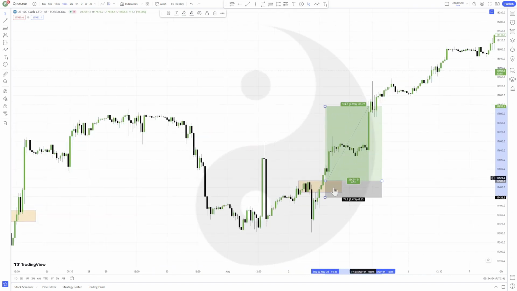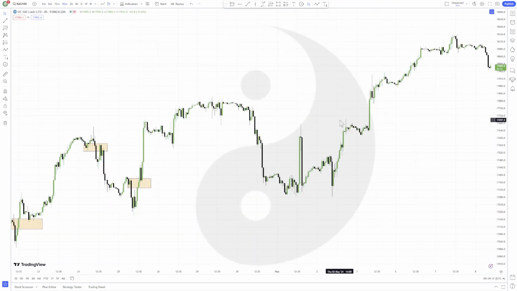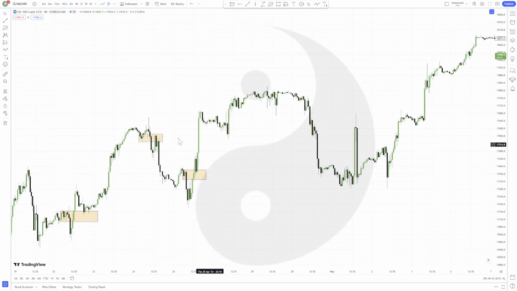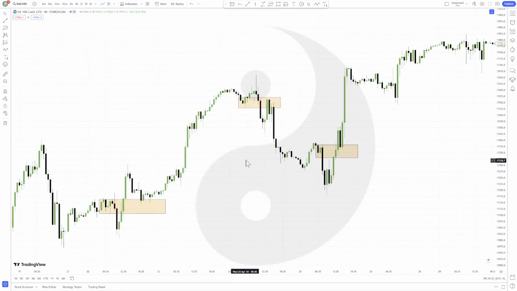So target the next liquidity for 1:4 RR, and then you are done for the day. So breaker blocks are very effective. I don't know why most people don't talk about it, but I use this daily to win a lot of trades.